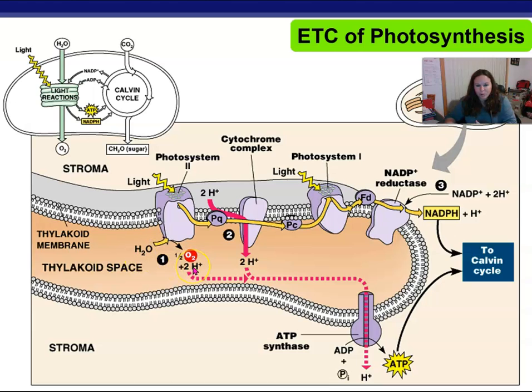So this is where we regenerate our H's from. These H's that come off water go back into this chlorophyll here. So that chlorophyll, as long as you keep watering your plant, is not going to run out of H's or electrons. You get those from splitting water.